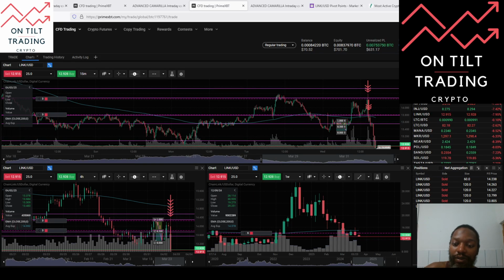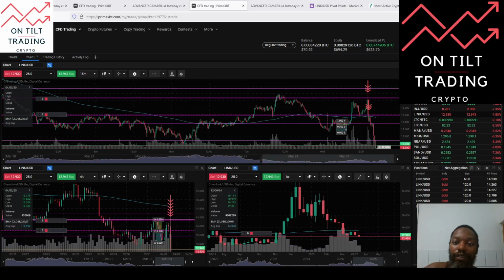Also on all time frames, the price action is trading below this blue line that you're seeing here. This is the 200 exponential moving average. So price action is trading below it on the weekly, trading below it on the 4-hour, and also price action this morning was trading below it on the 15-minute.